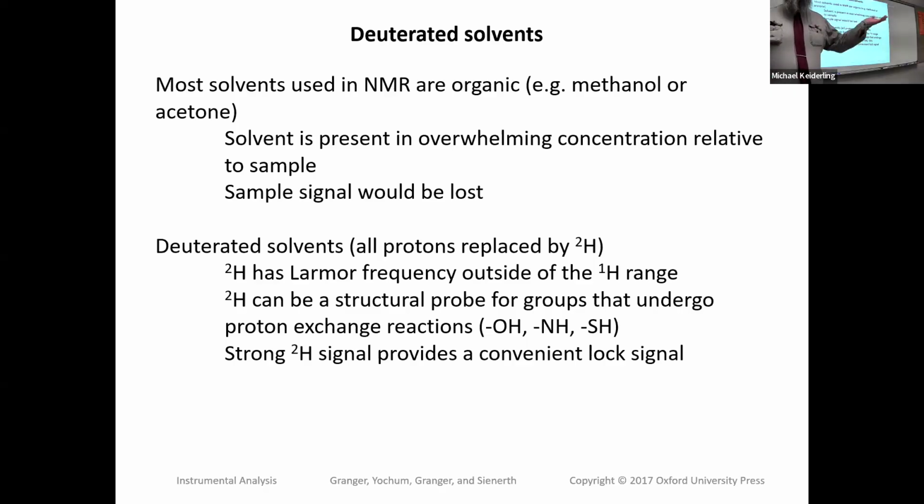Deuterium has a Larmor frequency outside of the range of regular hydrogen, and it can be a structural probe for other things that undergo proton exchange reactions like OH and such. And a strong deuterium signal provides a convenient lock signal. So, deuterated solvent, useful. We did that with the heavy water. That's our deuterated solvent.